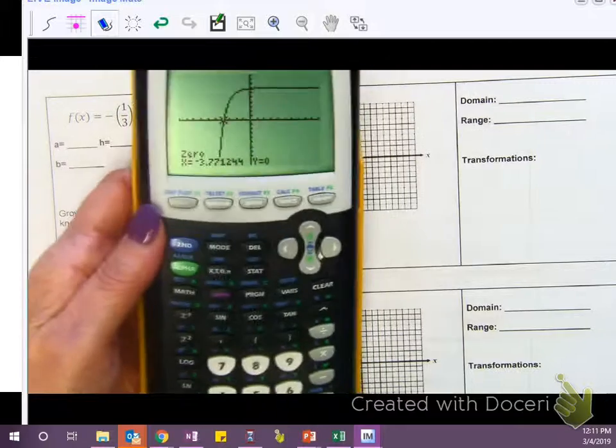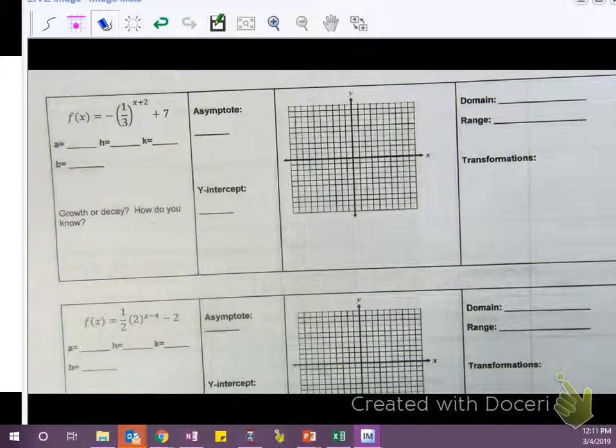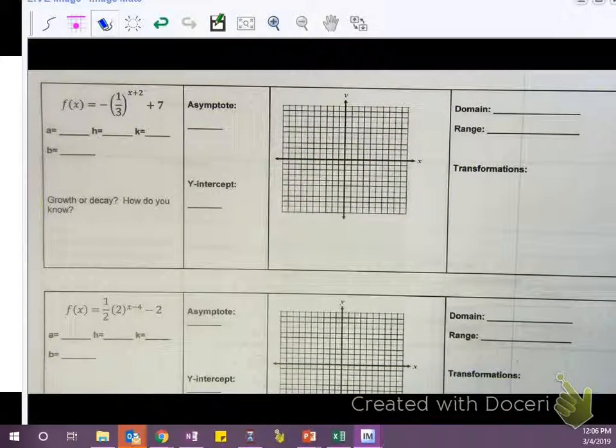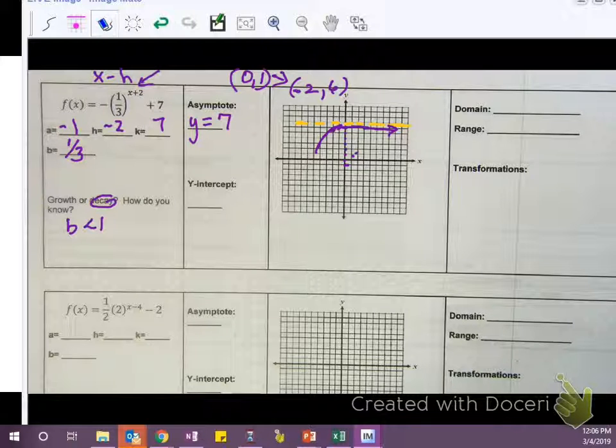So if I go back to my graph, my y-intercept was at x equals 0, 6.88. Well, really, you could just put the bar on there if you want to. Could we just round it to 7? No, because it can never be 7, because that's the asymptote. And then my x-intercept was negative 3.77.